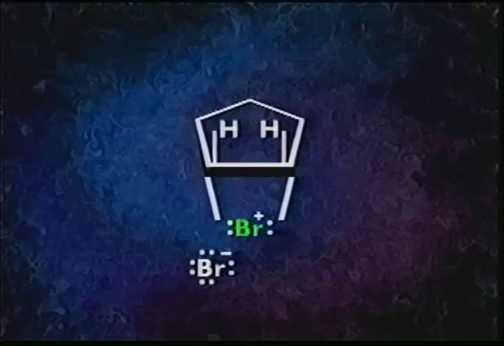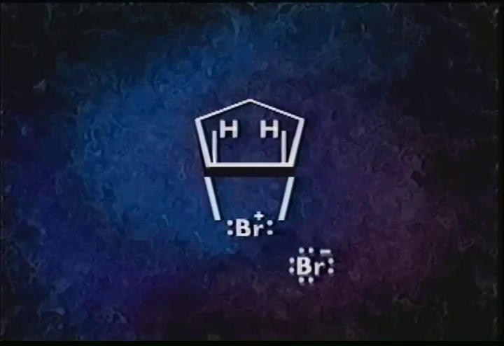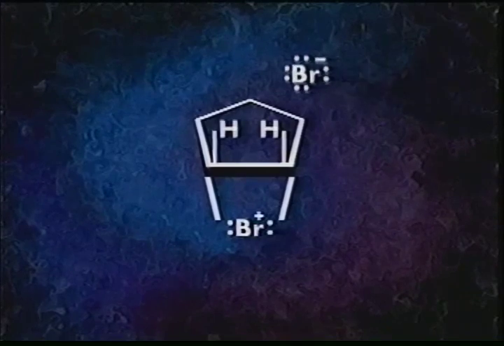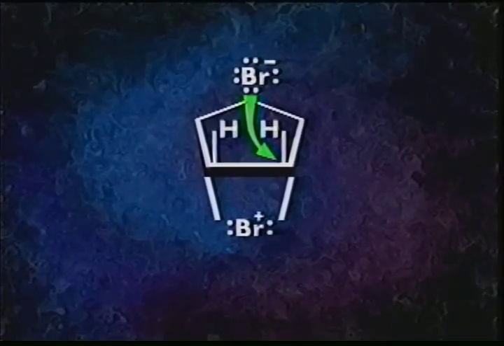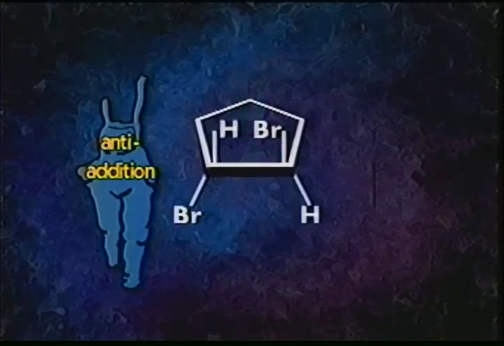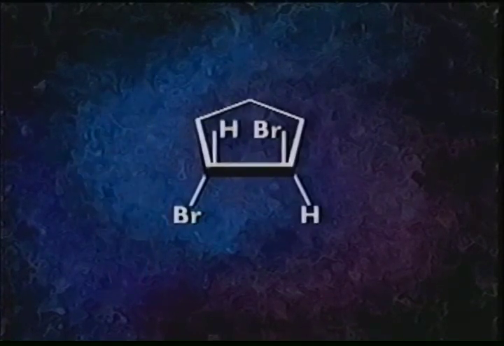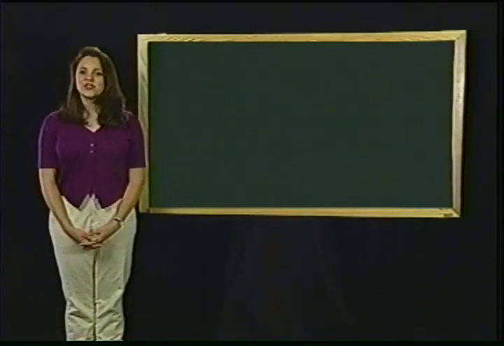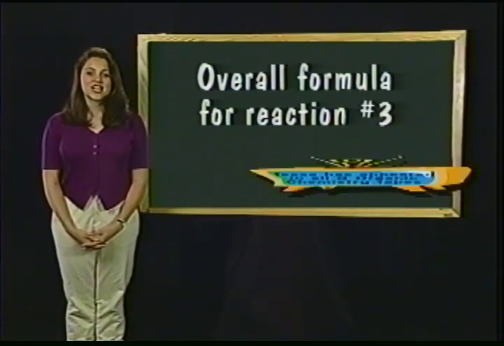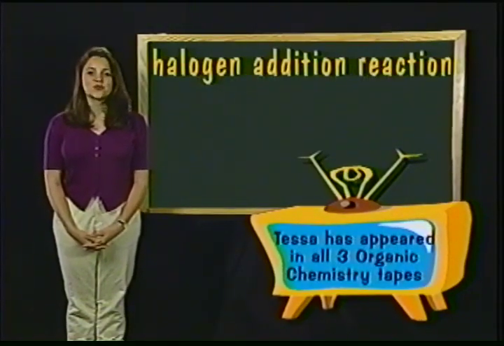This bromine ends up being positively charged and bonded to both carbons of the alkene double bond. When the bromide anion hits the electrophilic bromonium ion, it's got no place else to go, so it bonds to the bromonium ion intermediate with overall anti-addition. And there's our marvelous-looking product, trans-1,2-dibromocyclopentane. So let's look at the overall formula for reaction number 3, a halogen addition reaction.